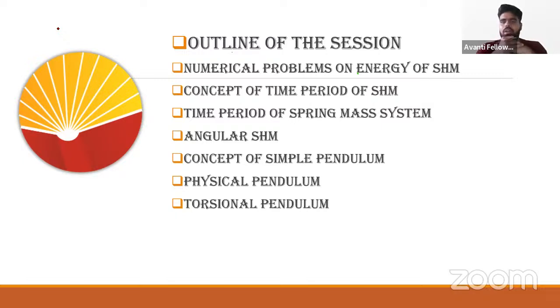There are different types of systems involved in simple harmonic motion, like a spring mass system, like a pulley system. So we learn the approach of how we can find out the time period of any general system, and particularly in today's class we take an example of how to find the time period of a spring mass system.